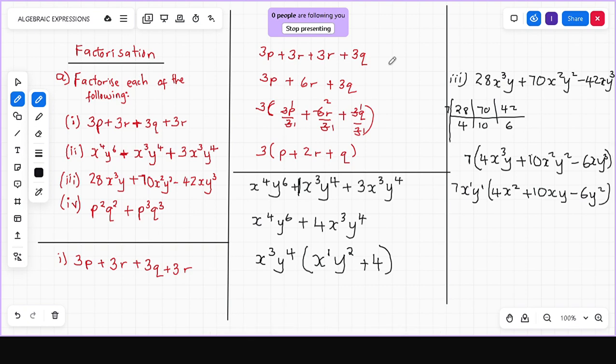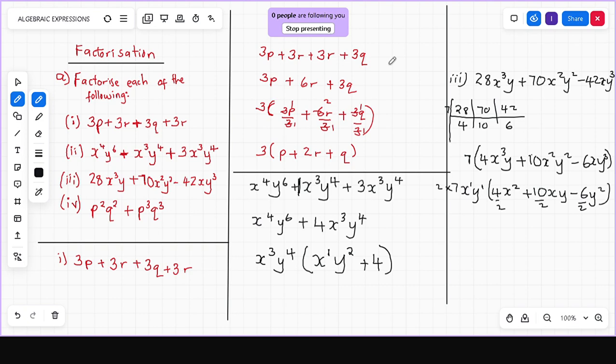You can see that we can still divide this one. This 4, 10, 6, you can divide by 2, because the GCD was not 7, so we divide by 2, and then on the outside, we multiply by 2.